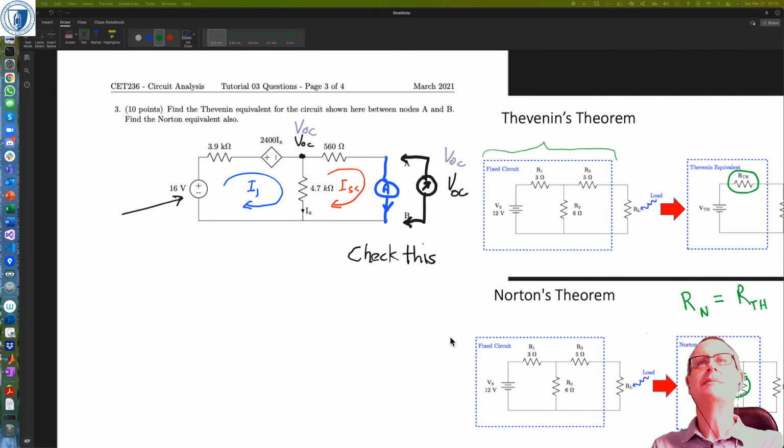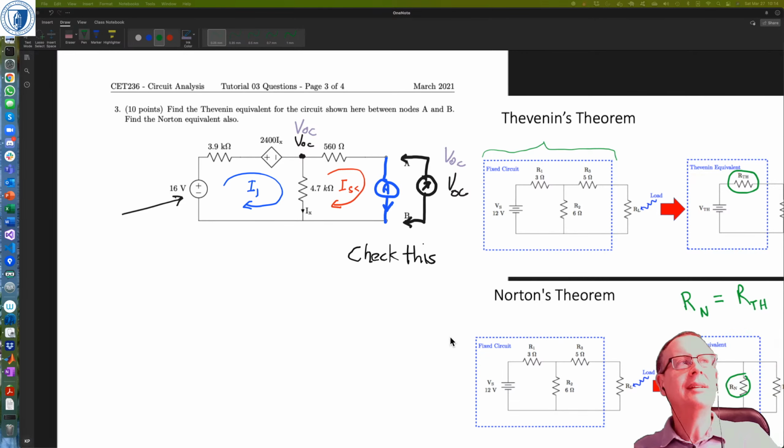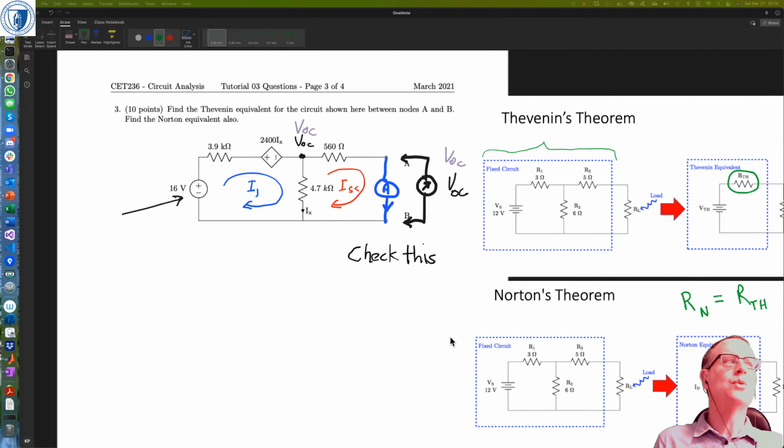Question 3. As I said, there's 3 ways of doing these questions. For this particular circuit, the first way, the equivalent resistance method, we can't use because of that dependent source, that 2400 IX.